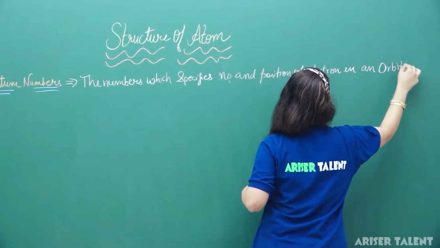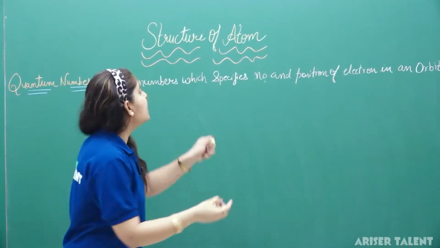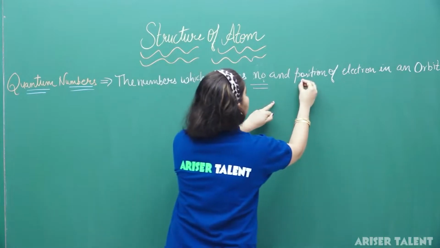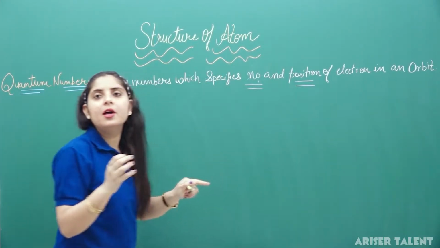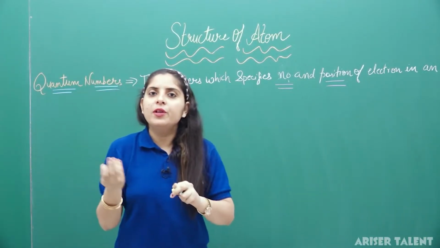It means the quantum numbers will basically tell us about two things, that is, first the number of electrons and second the position of the electron in the orbit. Orbit is a circular path in which an electron usually revolves.